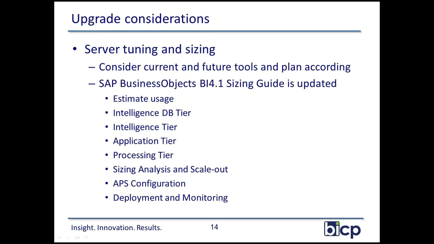Okay, so some other upgrade considerations. Server tuning and sizing. So this is very important for all clients using 4.0 and 4.1. The BusinessObjects BI sizing guide has been updated for 4.1. I've had many clients ask me why this is such a big deal versus the earlier versions. Well, the tool suite has grown significantly, right?